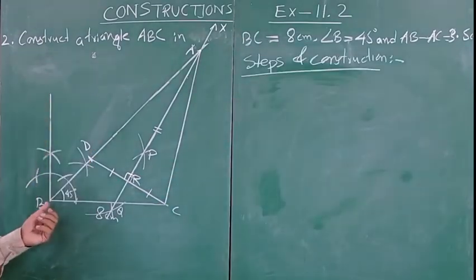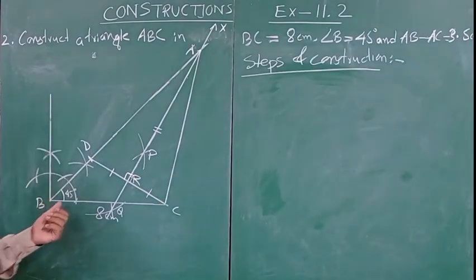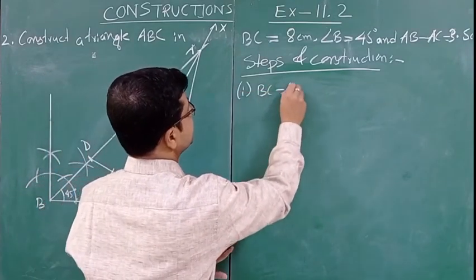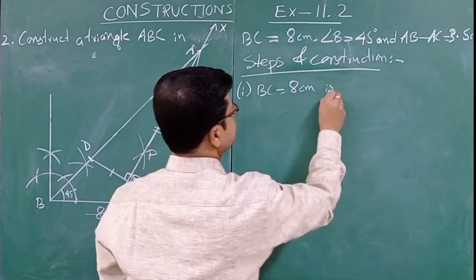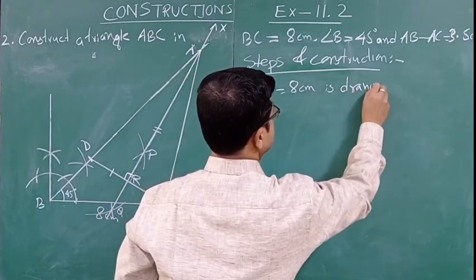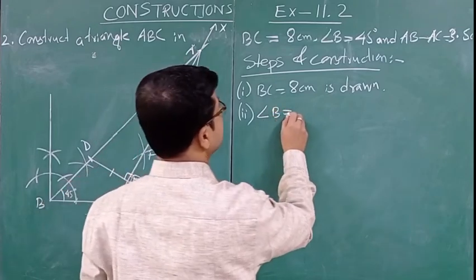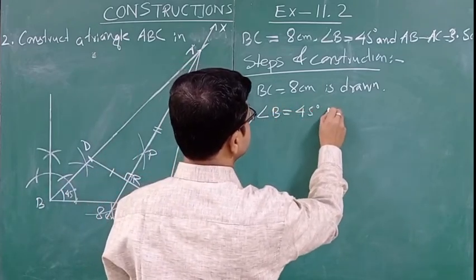Now let us write the steps of construction. In the steps of construction, at first how did we start? We constructed BC equal to 8 centimeter. So number 1: BC equal to 8 centimeter is drawn. Number 2: angle B equal to 45 degree is drawn.